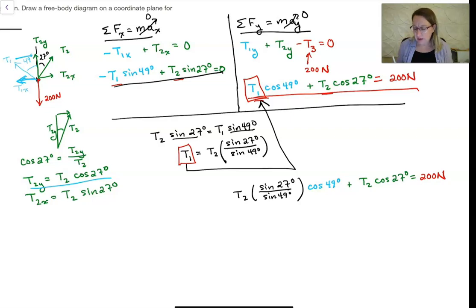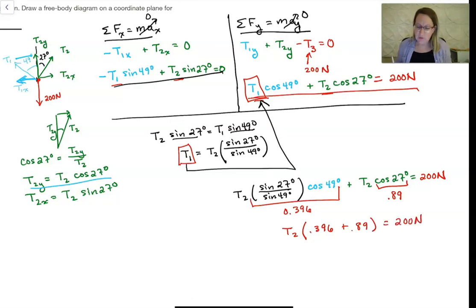So then I'm just typing things into my calculator. And when I put this all into my calculator, all of this together is equal to 0.43996. This is equal to 0.89. So this I can write as T2 times 0.396, or 0.4, plus 0.89 is equal to 200.